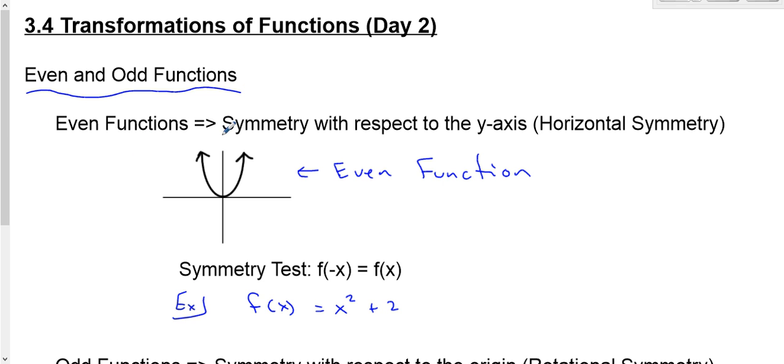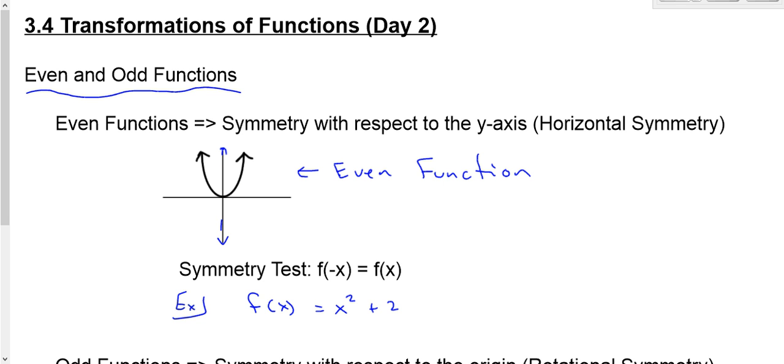An even function is when we have symmetry with respect to the y-axis. So it is horizontal symmetry. So we have our y-axis here. We have a parabola. That would be an example of an even function. A parabola where the vertex falls on the y-axis.